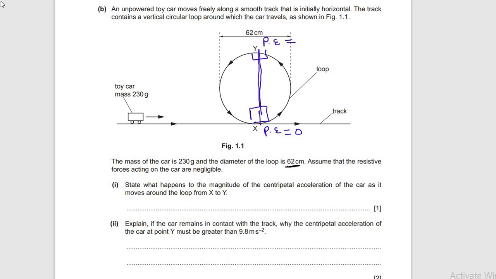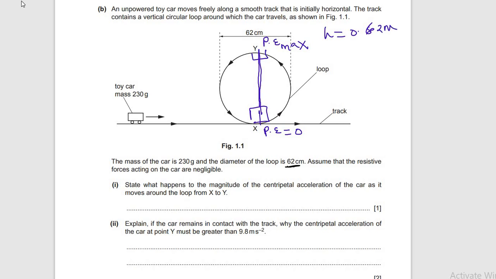The diameter is 62 centimeters, which is 0.62 meters. So potential energy is maximum at y because it has gained a height of 0.62 meter.